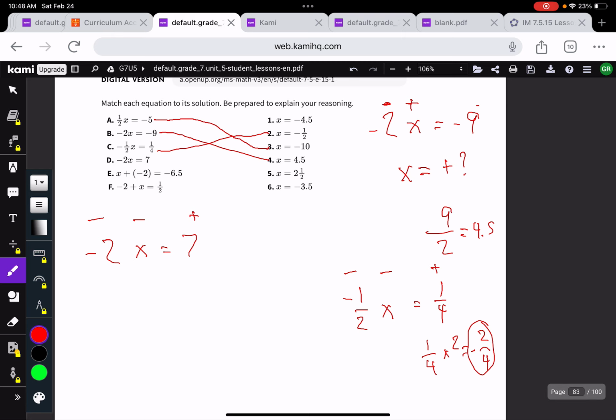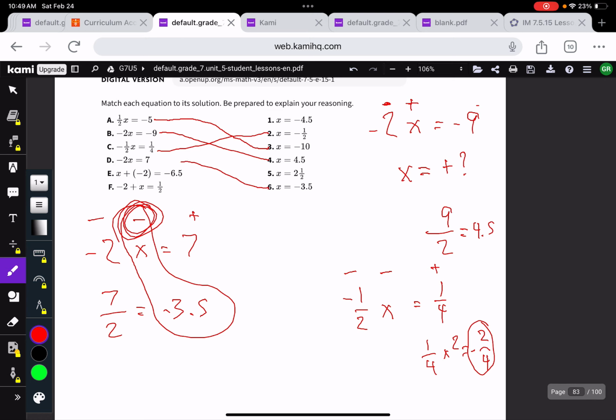So something doubled equals 7. If I took 7 and cut it in half, I would know what that is, and that's going to equal 3.5, but I know my answer must be negative, so that means number 6 must belong there.